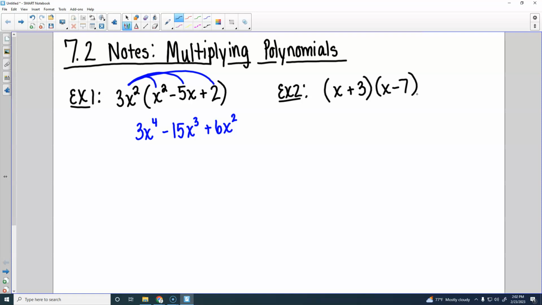And you're going to do a lot of problems like this before it's all said and done. So if I want to multiply these together, I am going to have to distribute, but it's going to be a little bit more complicated than it was over here for example 1.